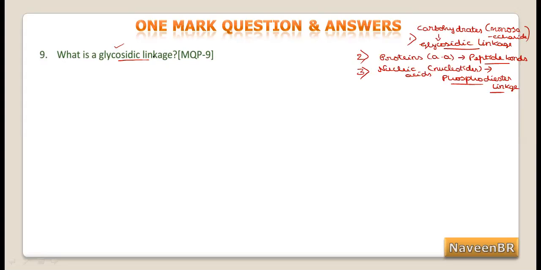Now our question is related to the first one. So glycosidic linkage is the bond or interaction formed between the hydroxyl groups of two interacting monosaccharides, or the bond linking two monosaccharides in a carbohydrate, in simple terms, is known as glycosidic linkage. Now we'll see the answer for it.